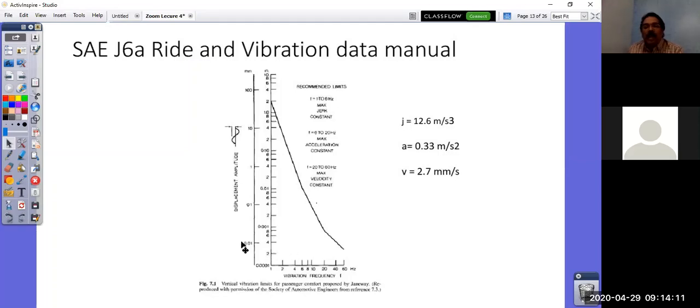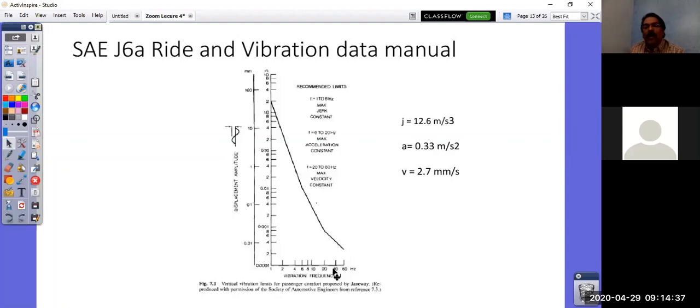the boundary of amplitude level permitted from 1 hertz to 60 hertz, distinguished by 3 ranges, where you can see this amplitude drops as a function of frequency. As the frequency increases, the amplitude permissible or experienced by the occupant is lowering.